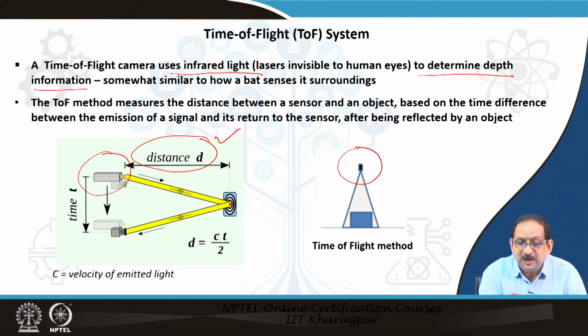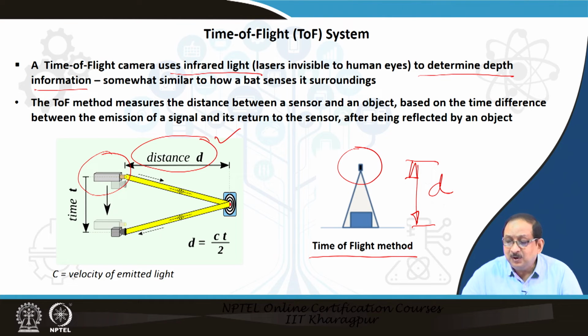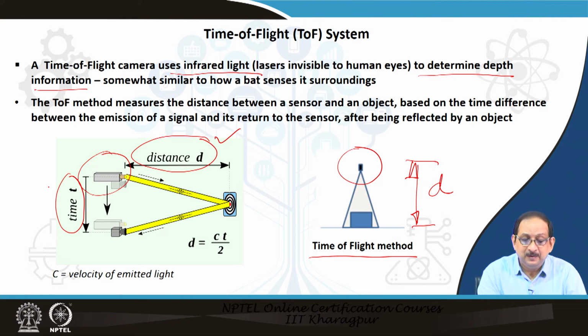So the time of flight method measures the distance between a sensor and an object, as you can see here, based on the time difference between the emission of a signal and its return to the sensor after being reflected by the object.